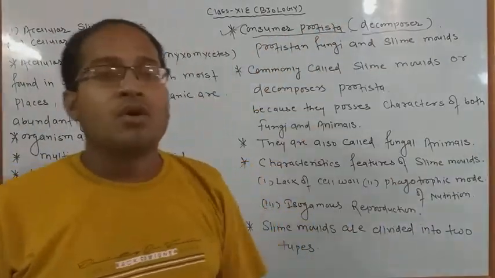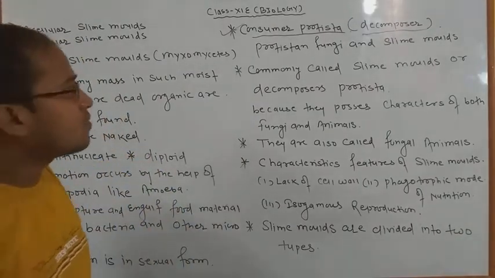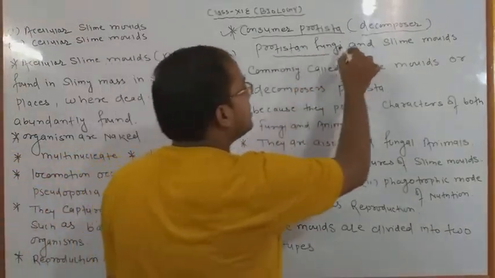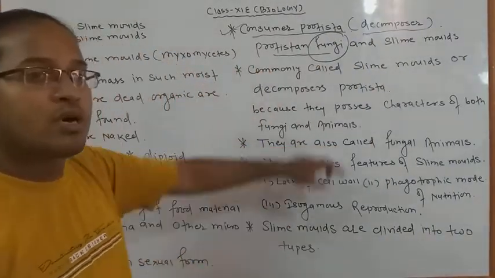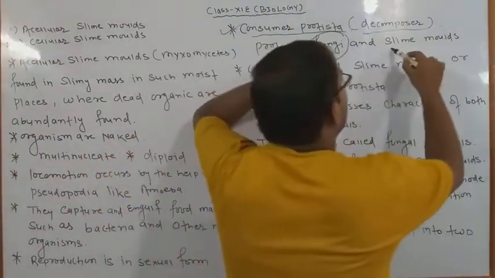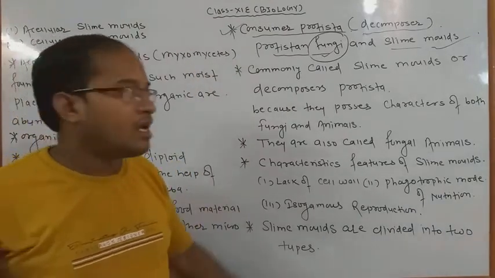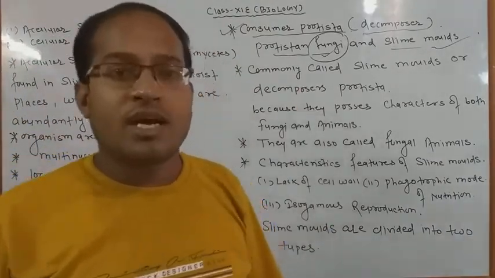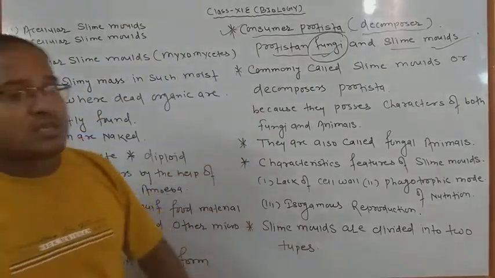Now today the most important topic is our protistans, and generally they are called fungi and slime molds. Most important जो protistans होते हैं उन्हें हम fungi and slime molds के नाम से भी जानते हैं. Most scientists at that time were confused and were not able to separate consumer Protista into a group.